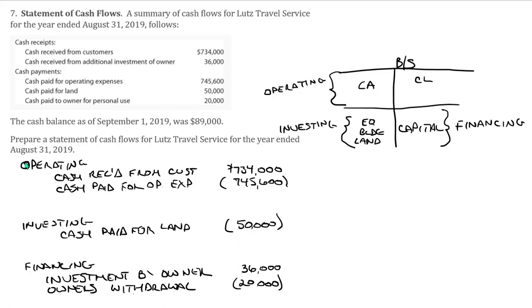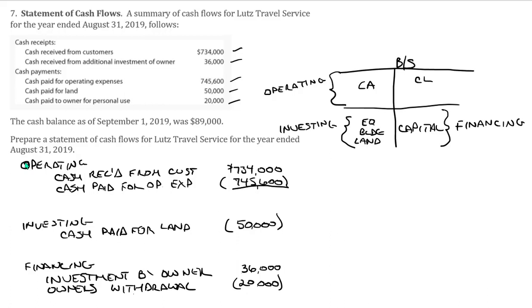Okay, so now we can net some of these. We did cash from customers and additional investment, cash paid for operating expenses, for land, and then for personal use. We've got a beginning cash balance too of $89,000.